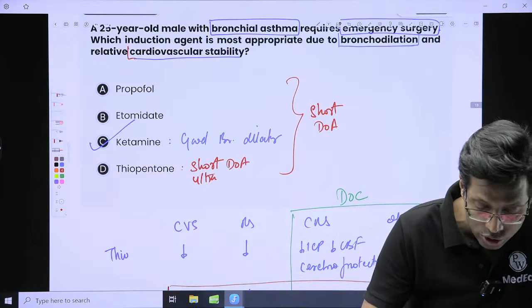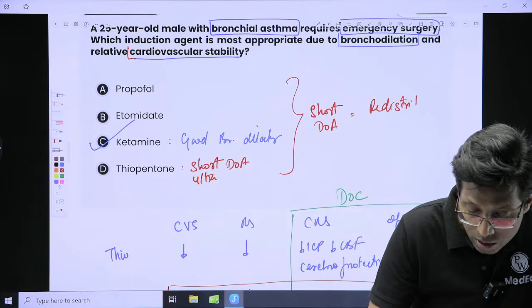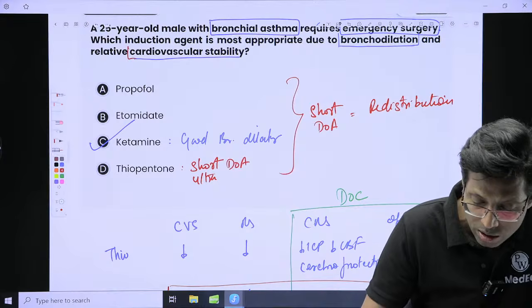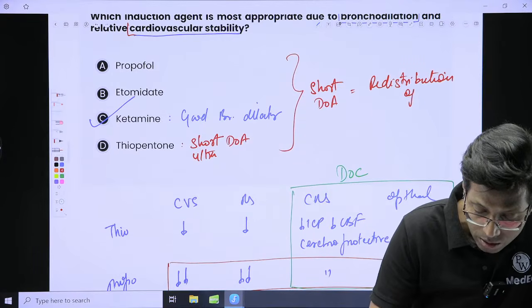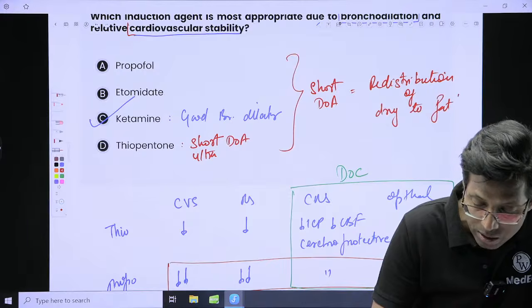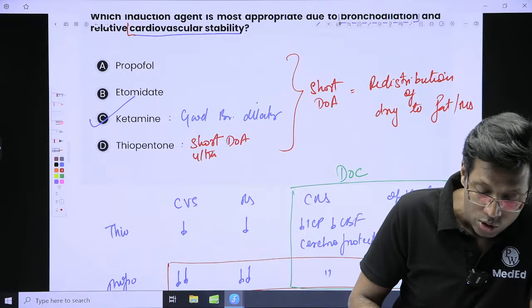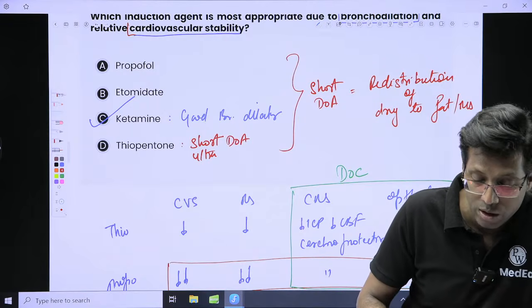The reason for short duration of action is basically redistribution of the drug from the CNS to the fat or the muscle. This is a point on which last year's question also came from thiopentone. So basically it's the redistribution of the drug from fat to the muscle.